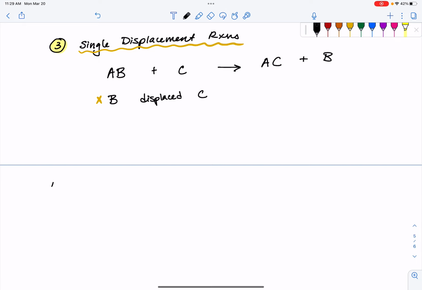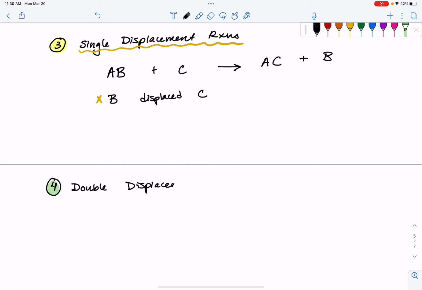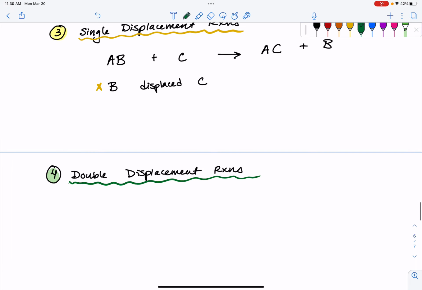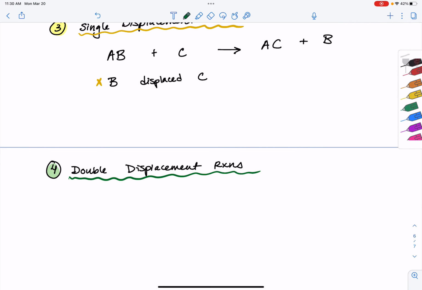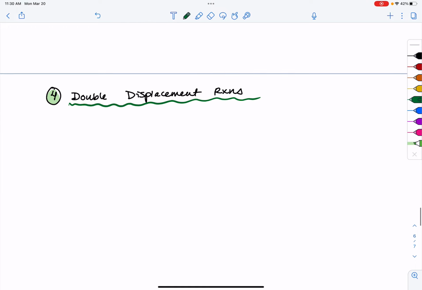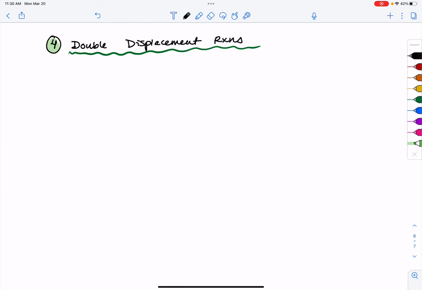Okay, up next, something a little bit more complex. This is what's known as double displacement reactions. So in a single displacement reaction, we had one thing that was displacing one other thing. In a double displacement reaction, we're going to have two species that are displaced.